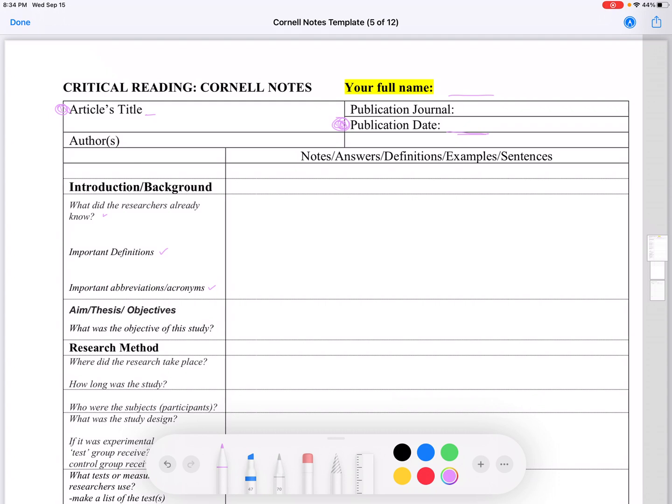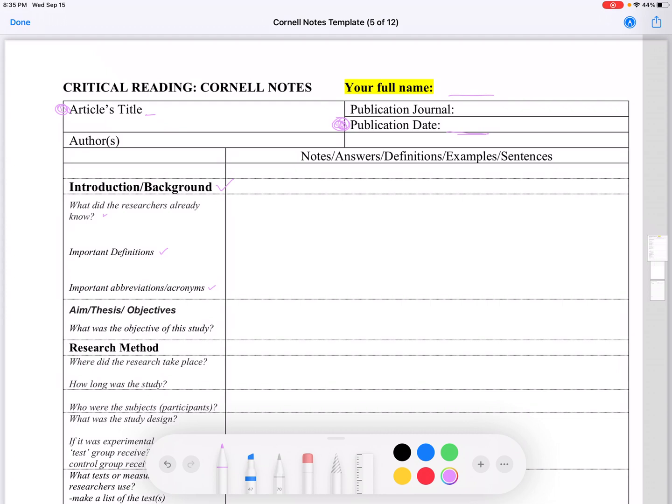So those are 2 words that they provided for us, the acronyms and their meanings. They had more as well. They had D3 group, which was the vitamin D group, and they also had the PL group, the placebo group. So you could write those down as well. So again, any of the important abbreviations and acronyms that you're going to use on your Cornell notes in your template, put them at the top here in the introduction section.